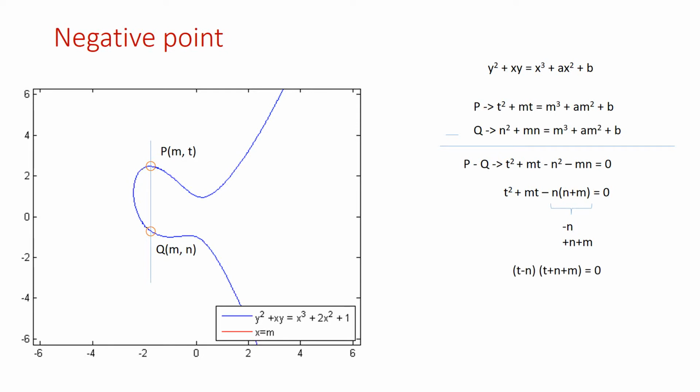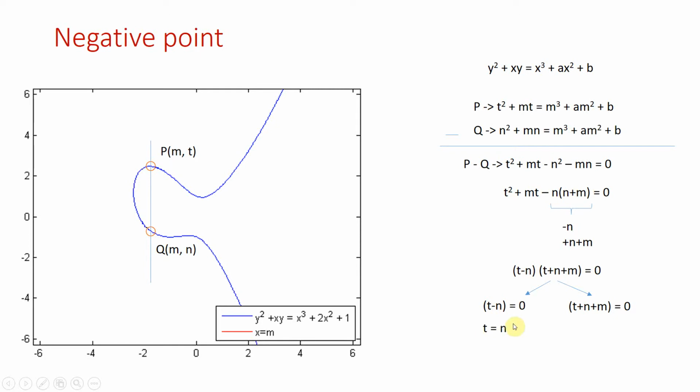This means that I can express this equation as t minus n times t plus n plus m is equal to 0. In this case, it will be either t minus n is equal to 0 or t plus n plus m is equal to 0.